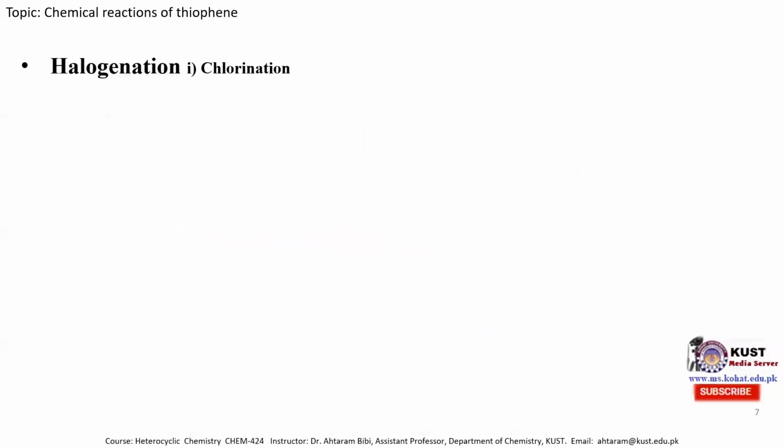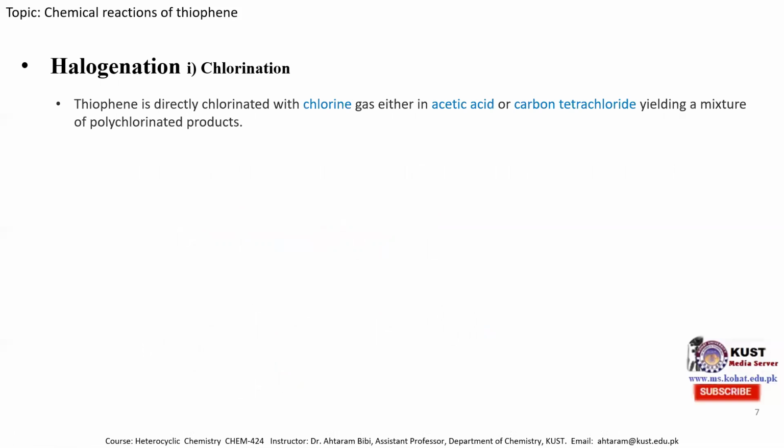Next is halogenation, which includes chlorination, bromination, and iodination. First, I will discuss chlorination. Thiophene is directly chlorinated with chlorine gas either in acetic acid or carbon tetrachloride solvent, yielding a mixture of polychlorinated products.